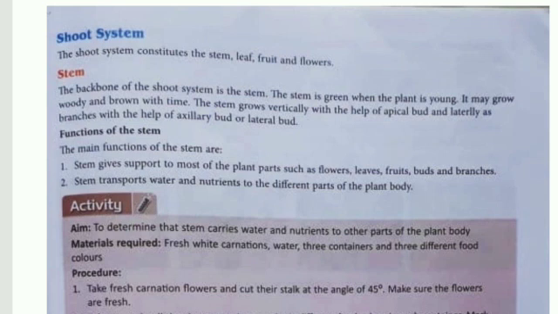That is also transported to all parts of the plant. It is done by stem. So stem has two major functions inside the transportation. First, to transport water, and second, to transport food also.